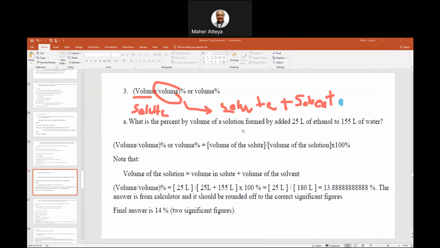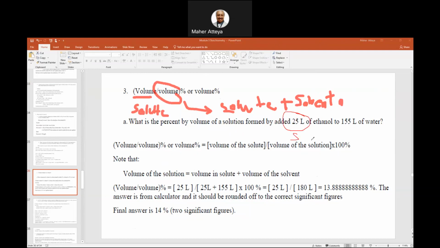So now, what is the percent by volume of a solution formed by adding 25 mL of ethanol to H2O to make 155 mL? Somebody tell me which one is the solvent and which one is the solute. So this is the small amount, correct?